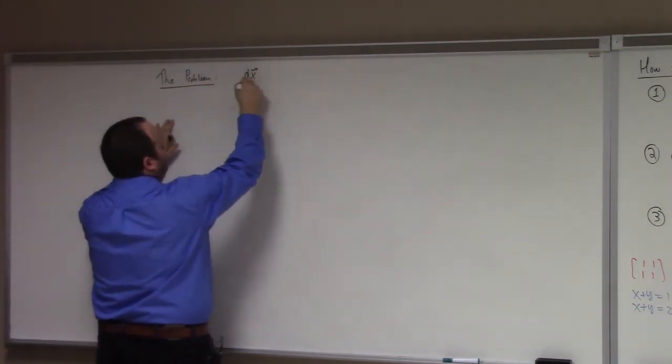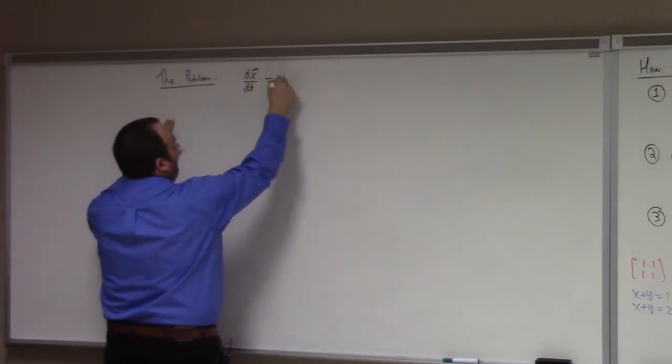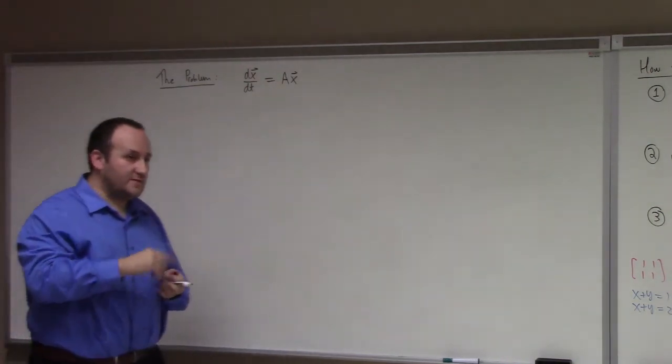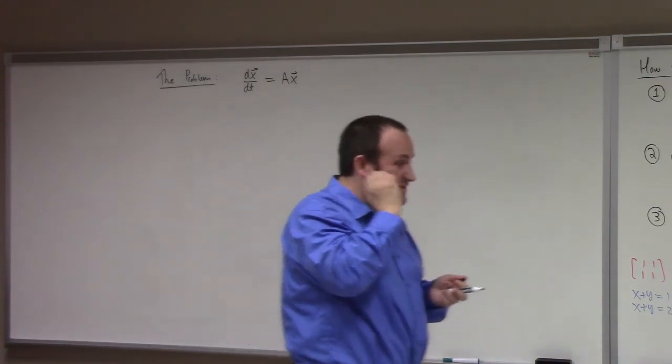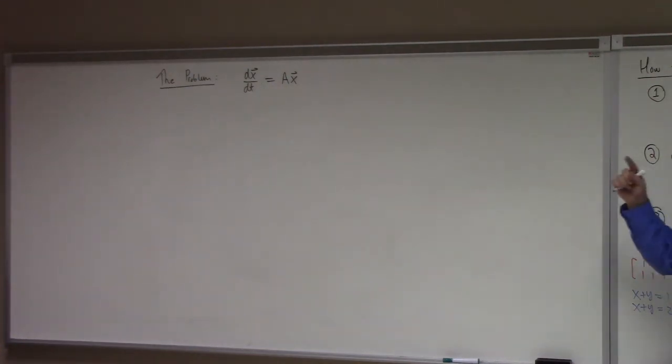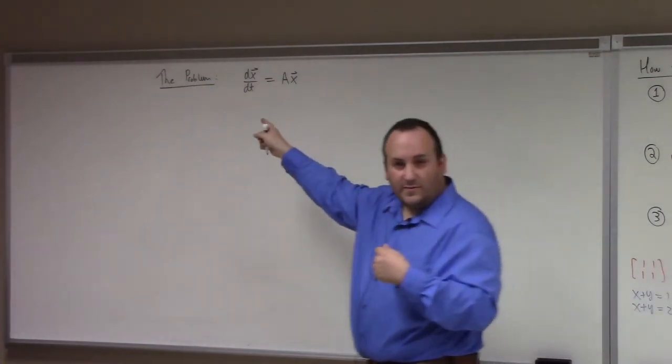So we're trying to solve dx/dt = Ax. We want to solve this where A is a constant matrix. I hope I've given you some evidence in my example 2 that this is actually going to allow us to even solve systems of higher order problems, because we can always take a higher order problem and do reduction of order and boil it back down to this for a homogeneous problem.